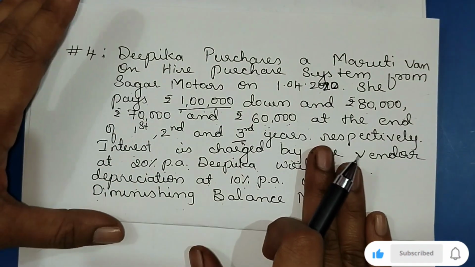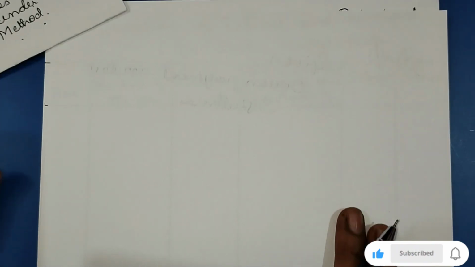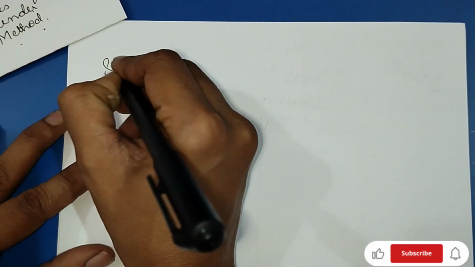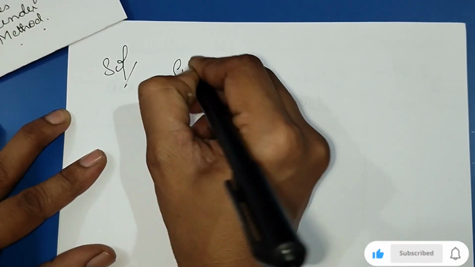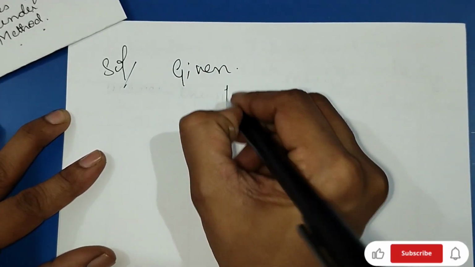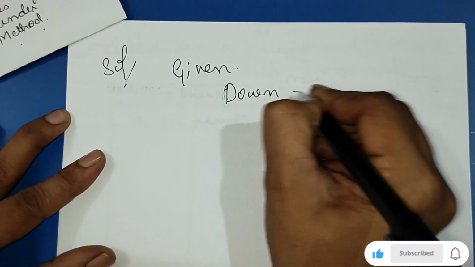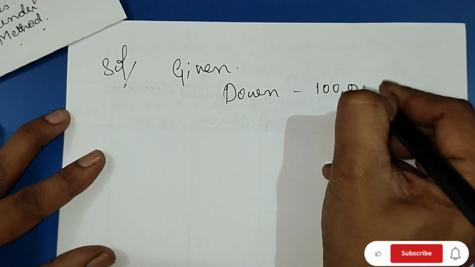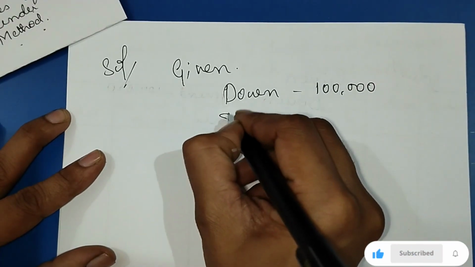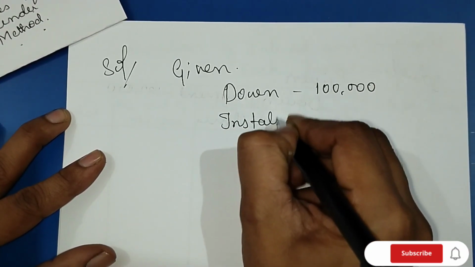So in this question, first we will write the given information to understand what we need to find out. What is the given information? First, down payment is given. Down payment is 1 lakh. And installments are given.